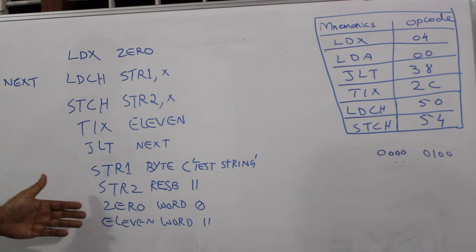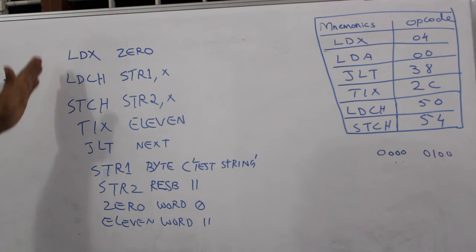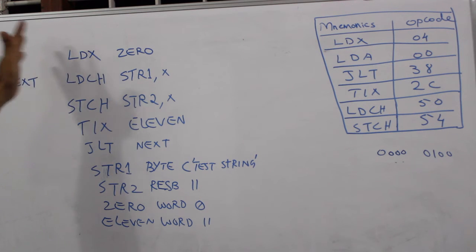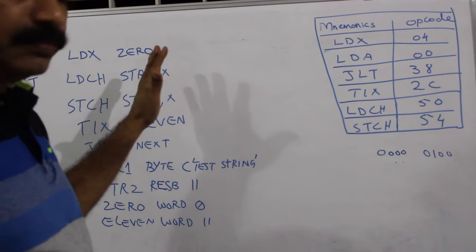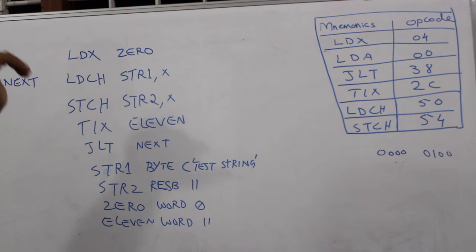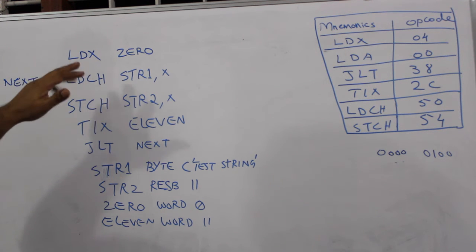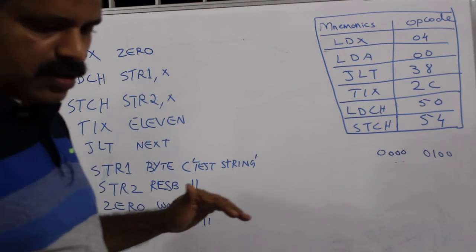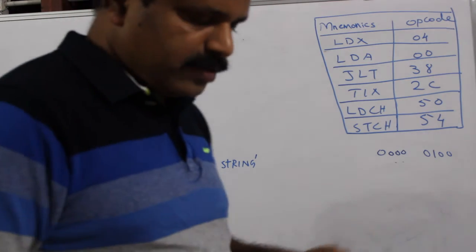Then coming to our program, suppose your first instruction gets the address 0000. See, SIC uses a 15-bit address.